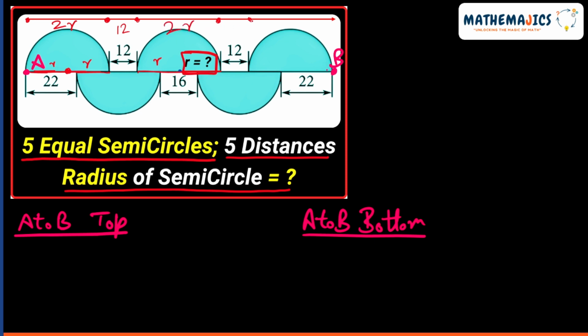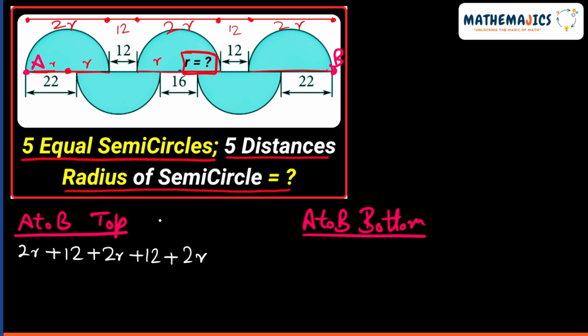From this point to this point, the distance is 12. And from this point to the last point B, again the distance will be equal to the diameter of this semicircle, which is 2R. Now let's write it down here: 2R plus 12 plus 2R plus 12 plus 2R.